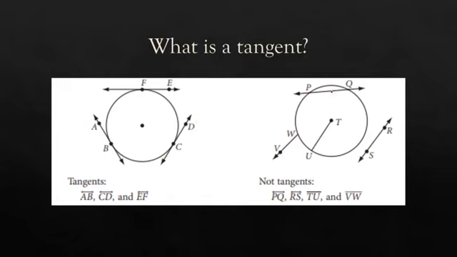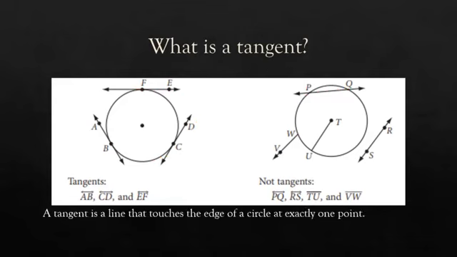And what makes PQ not a tangent, but EF is? How many times do you see the tangent line touch the circle? A tangent is a line, not a line segment, that touches the edge of the circle at exactly 1 point. It could also be said that a line that intersects a circle at exactly 1 point is a tangent.